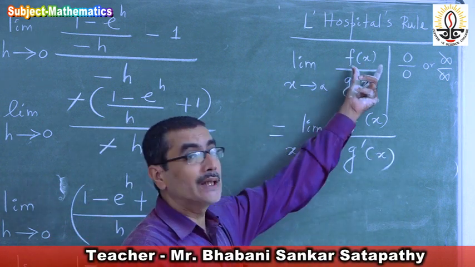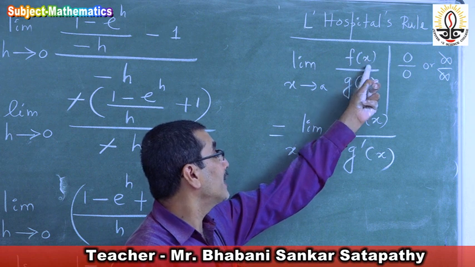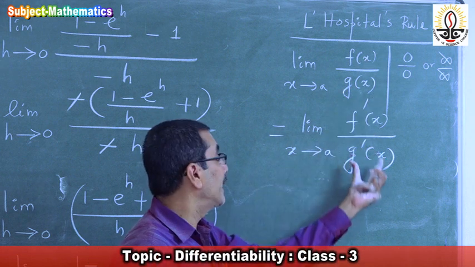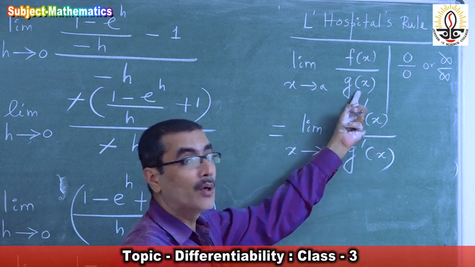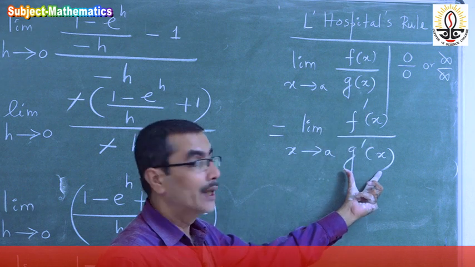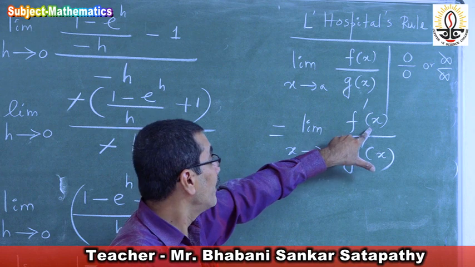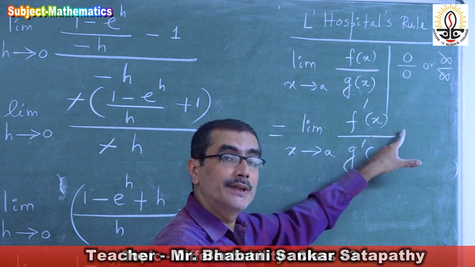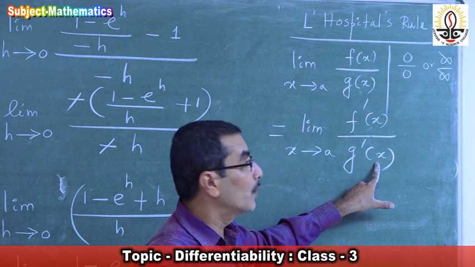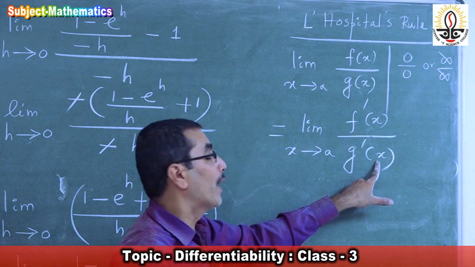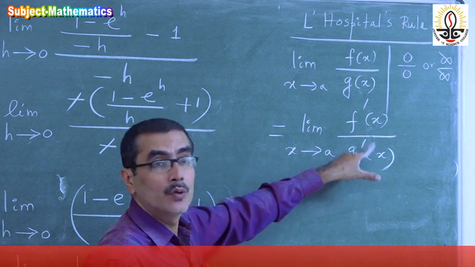The derivative of this function with respect to x, the derivative of the function g dash x means derivative of this function with respect to x, right? Again if you put a, f dash a becomes 0, g dash a becomes 0, then again you will find the derivative of these two functions.